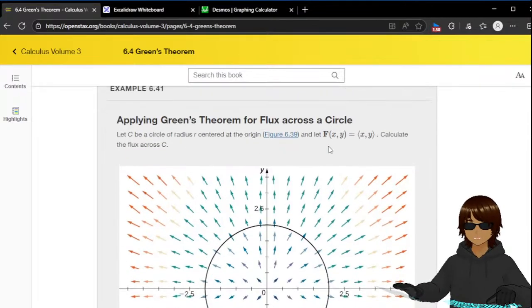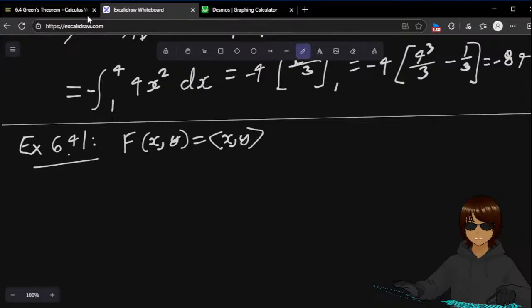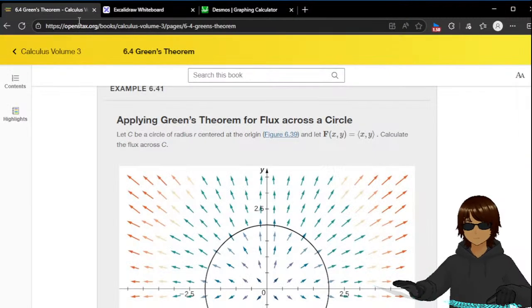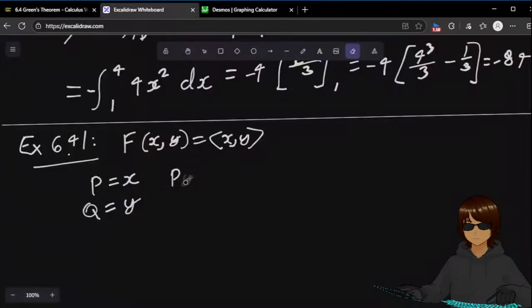You want to calculate with the vector field F of x, y. Is this the vector field? x, y. So P is equal to x, Q is equal to y. P_x is 1, Q_y is 1.